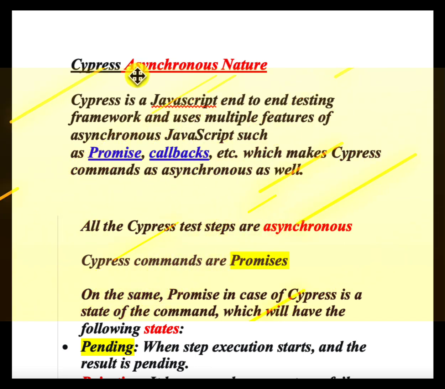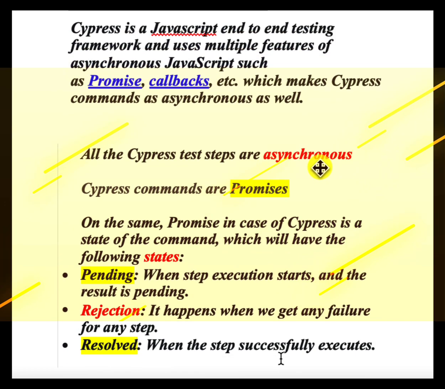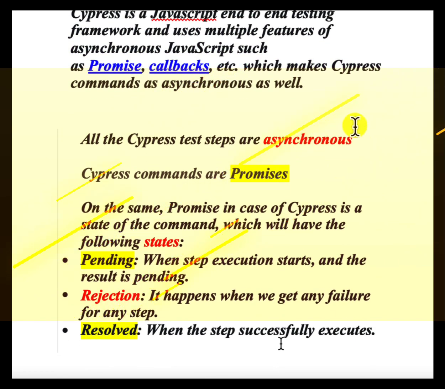Cypress is asynchronous in nature, meaning it uses multiple asynchronous features, for example promises, callbacks, and so on. All the Cypress tests are asynchronous. Cypress commands are promises.